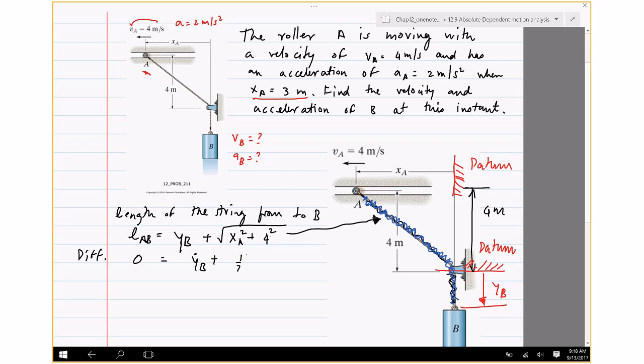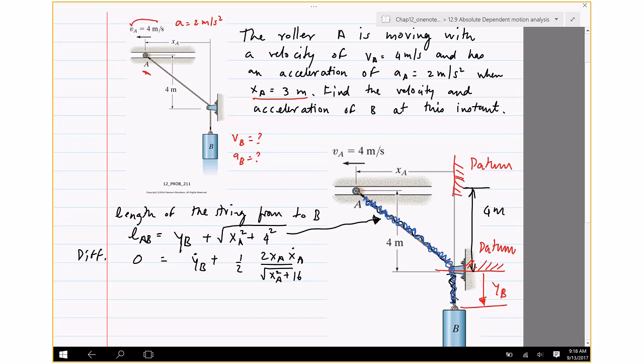And then I need to take the derivative of the thing inside the square root, which is XA squared plus 16. So it's going to be 2 times XA times XA dot. So if you think this is hard, you've got to go and revise the part on taking derivatives. That's chain rule. Chain rule.